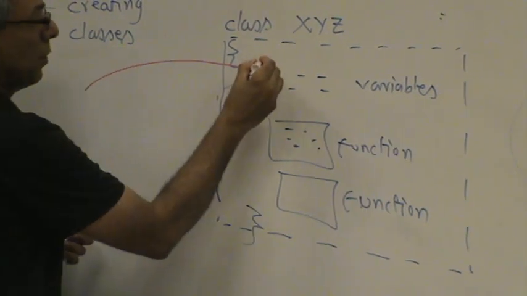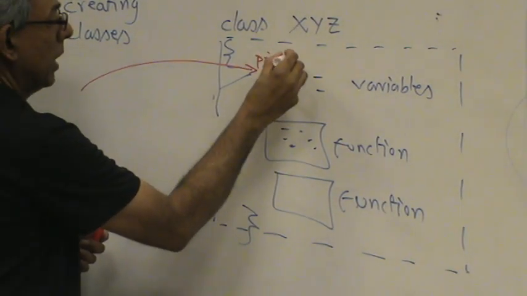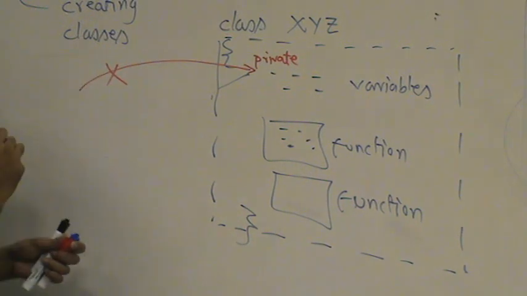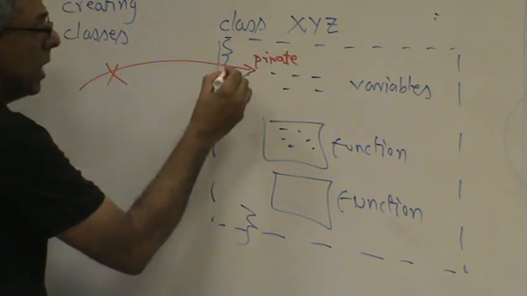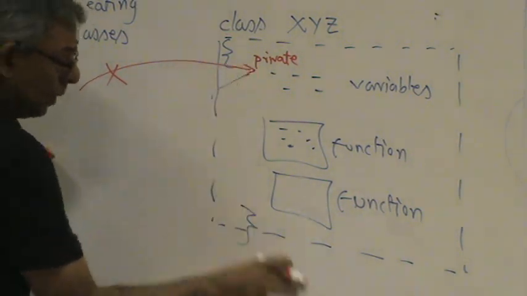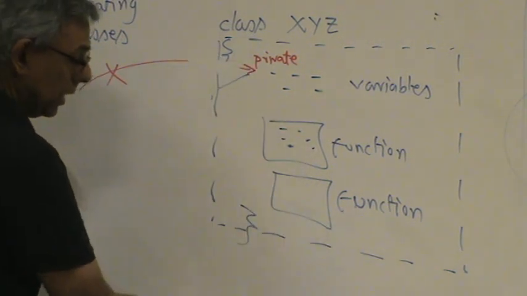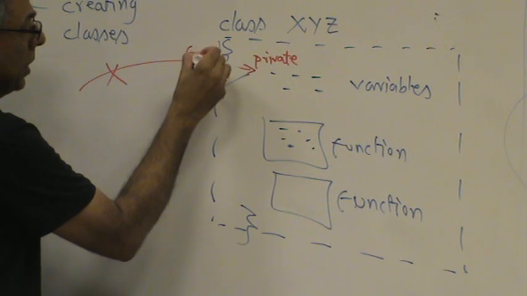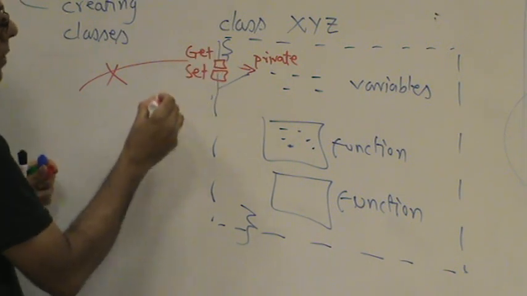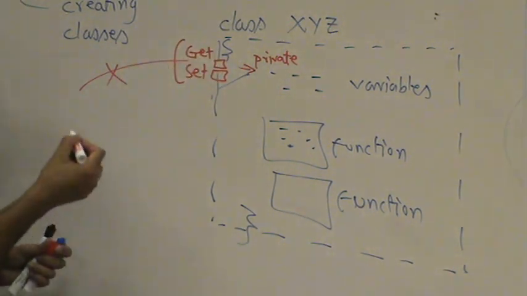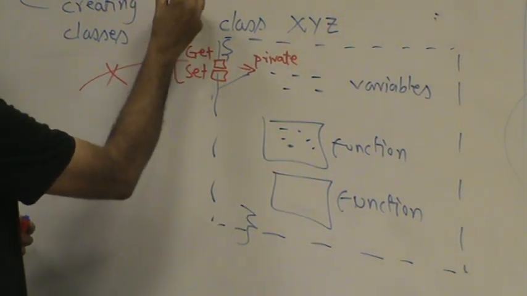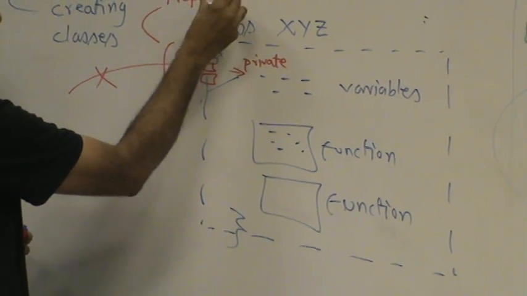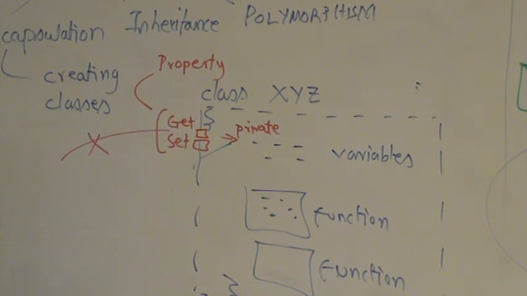No. So they should be private, so that from the outside nobody can modify them, right? So then how will we make it useful? As we discussed in the last couple of lectures, we provide tiny get function and set function. In C#, we use property to wrap the get and set inside it, okay?